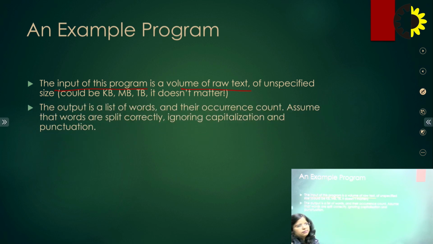MapReduce gets the input and converts it into a list of words and their occurrences. MapReduce works in key-value fashion: here we have the words, and here we have the frequency of the words occurring in a particular text. In MapReduce, we ignore the capitalization and punctuation. We don't consider these terms.